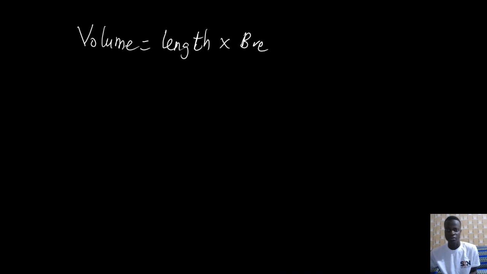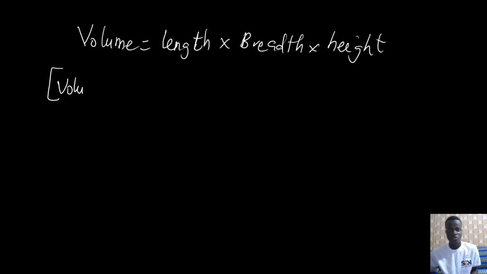Let's look at another example. Volume. Dimension analysis of volume. So we know volume is length times breadth times height. Okay, so the same thing, if you are bringing the square bracket, it means that you are now coming to evaluate the dimension analysis of this.